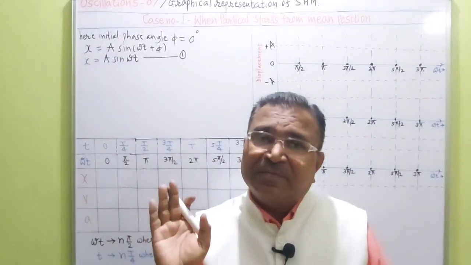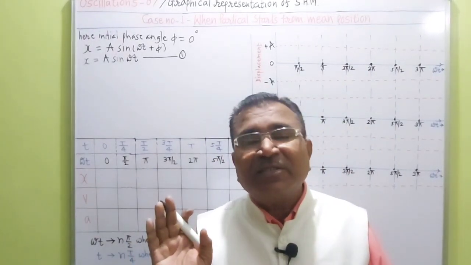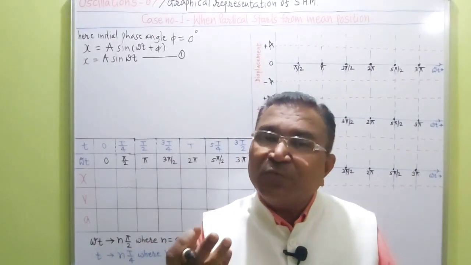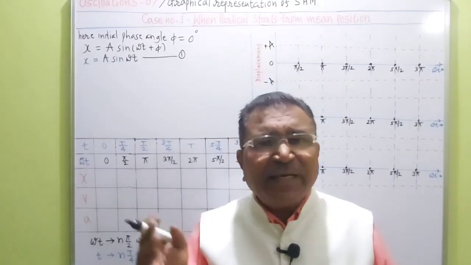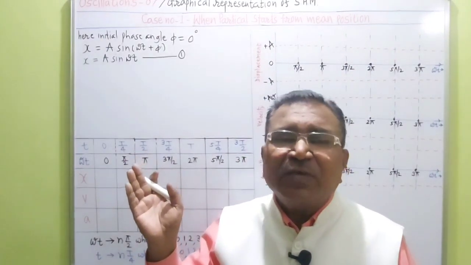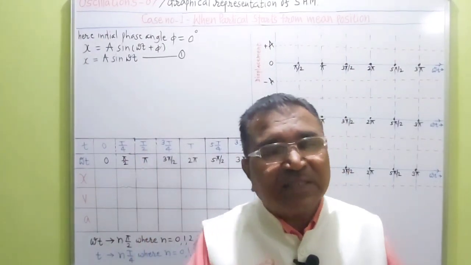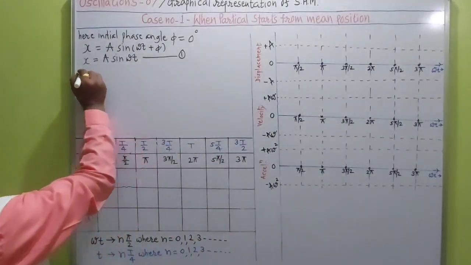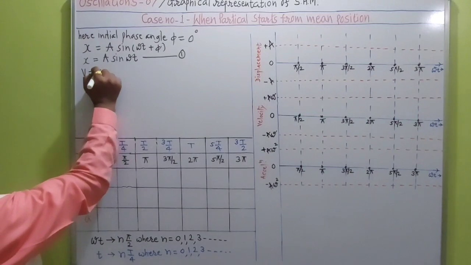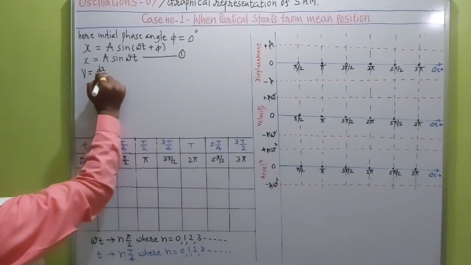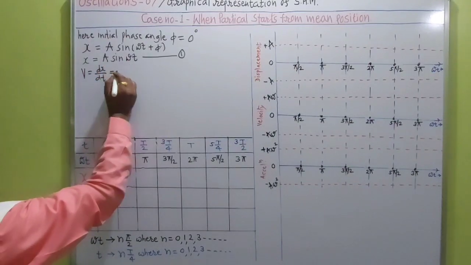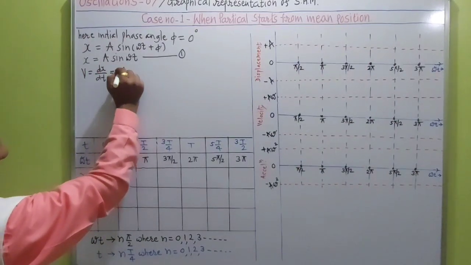Remember well. Then from this equation, we have to find the equation of velocity of SHM. Take the derivative of x with respect to t, and we get velocity, denoted by v. So v is equal to dx by dt, or d by dt of x. Capital A is constant.